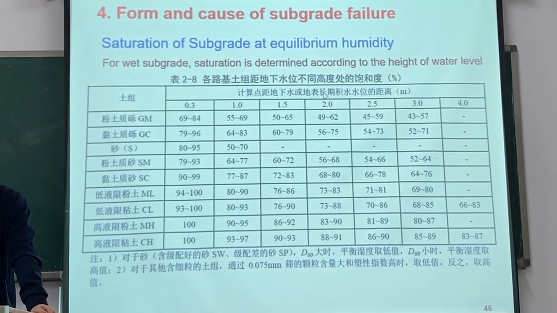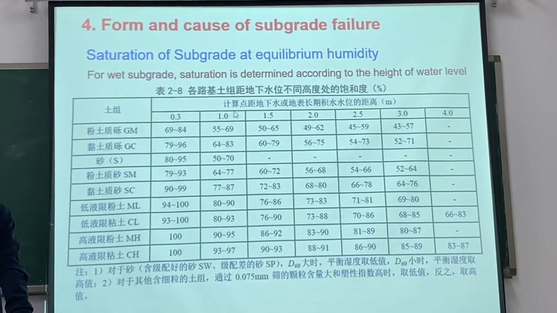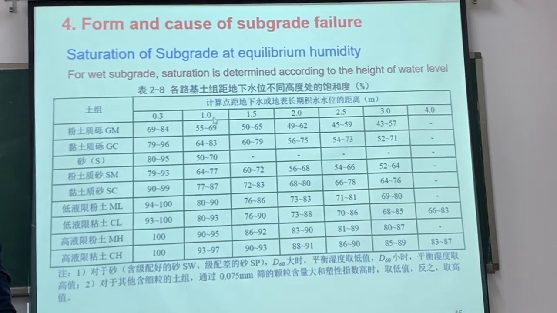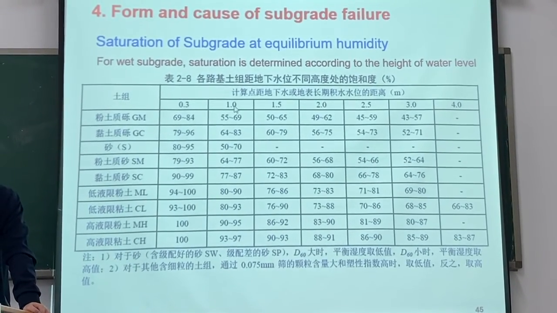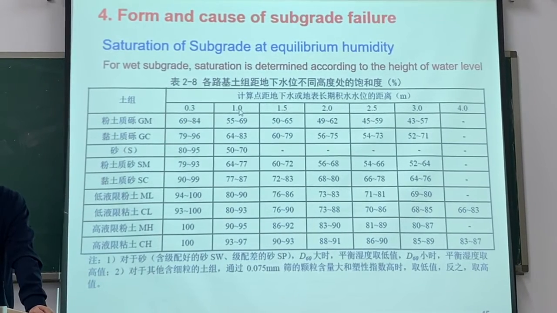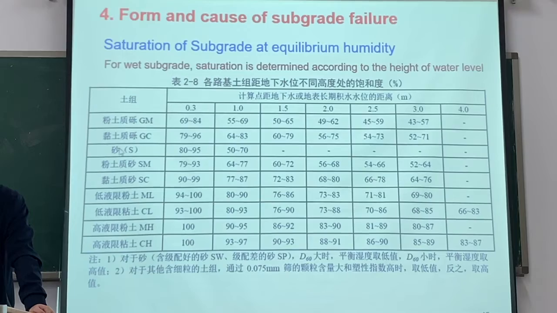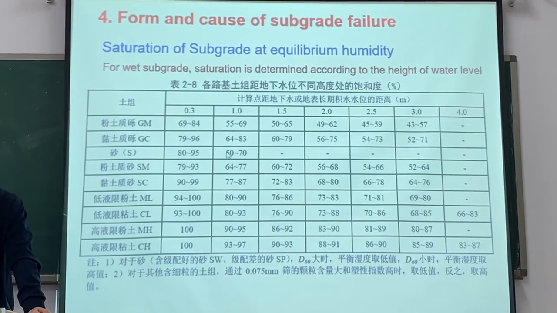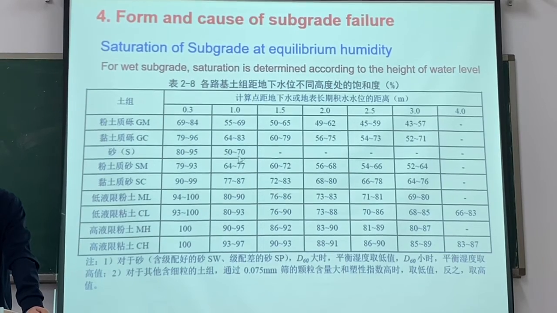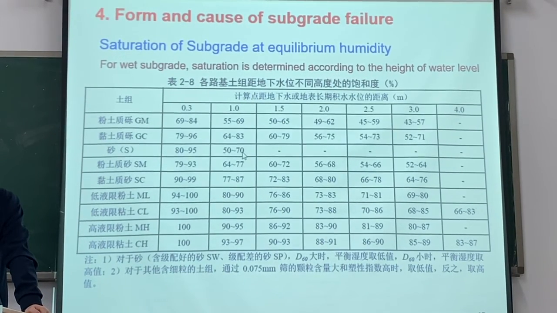For example, when the distance to the groundwater is 1 meter, for sand soil, the saturation of sand is 50 to 70%.